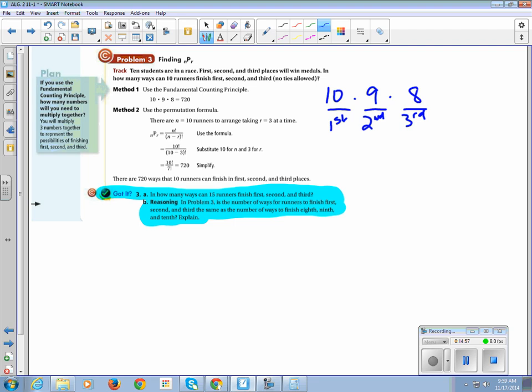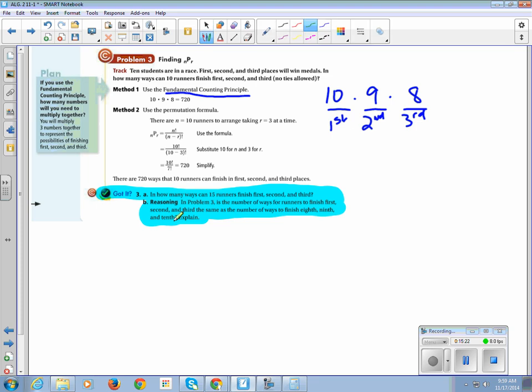So, by the way, this is how I got through. I like a picture. So most of the time, if I can use the fundamental counting principle, I draw a little picture and do it. But the second way, if you use permutations, and most graphing calculators have a permutation function on it, it's pretty easy to do.